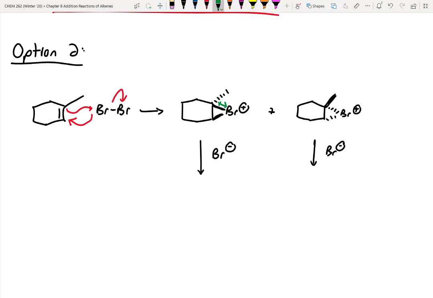And we know that this carbon that's more substituted is actually okay with a partial positive because it's highly substituted, right? And then bromide will do an SN2 reaction. Attack that carbon and slingshot open this bromine as a leaving group. Just like we saw with SN2 chemistry.